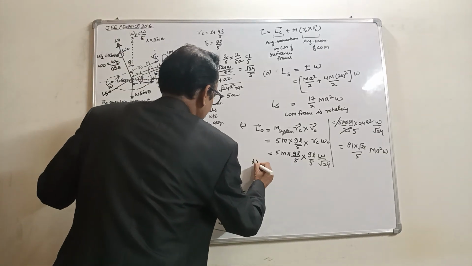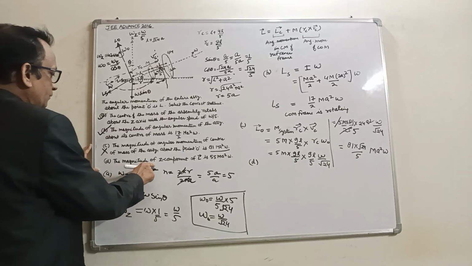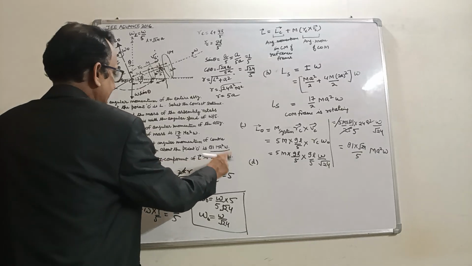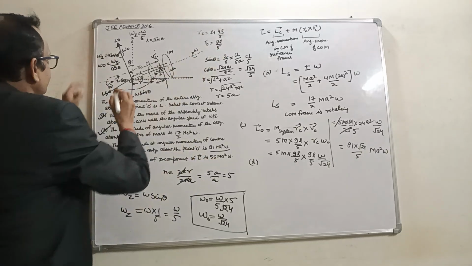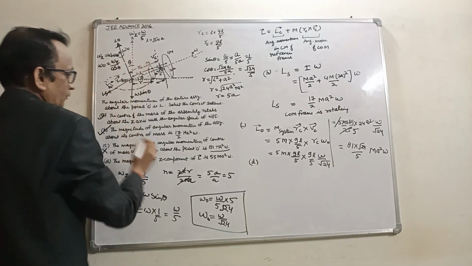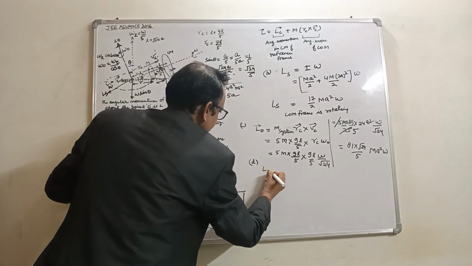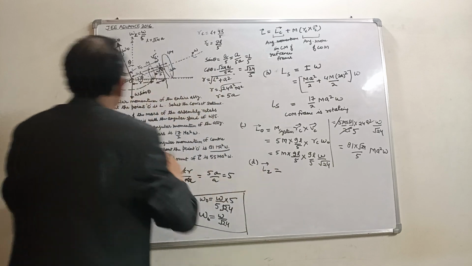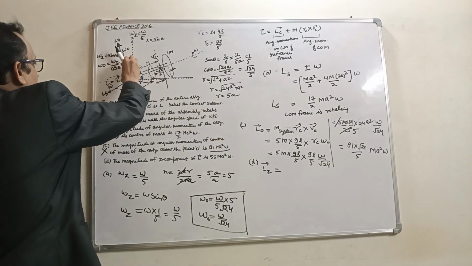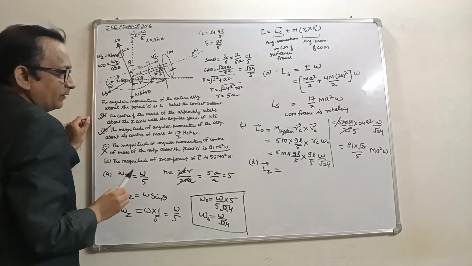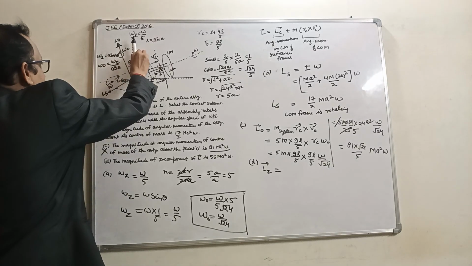And the final D option, the magnitude of Z component of L is this. So what would be the Z component? Lz would be the vector addition of the angular momentum in the y direction or z direction.